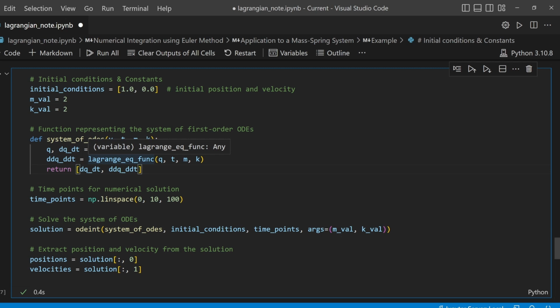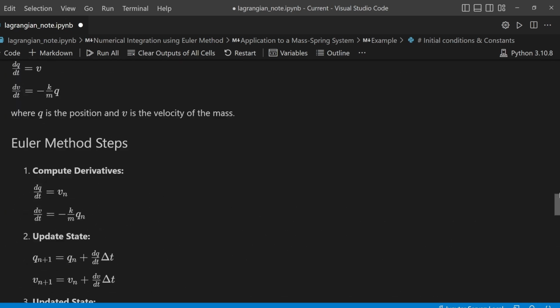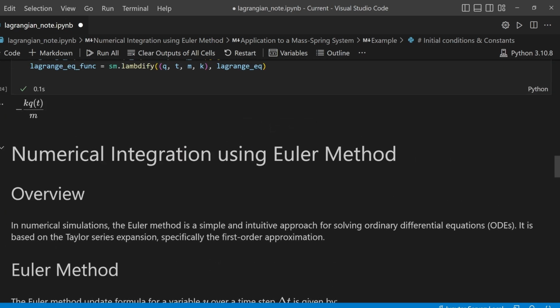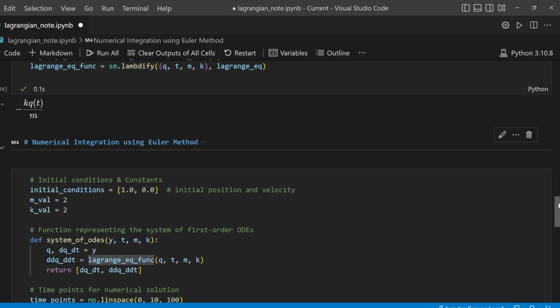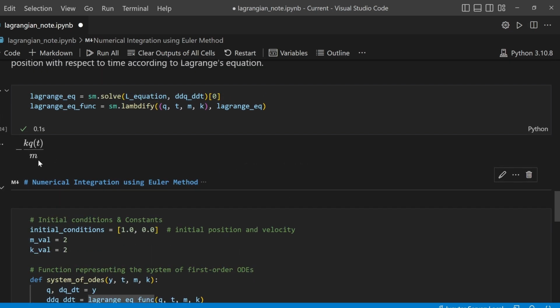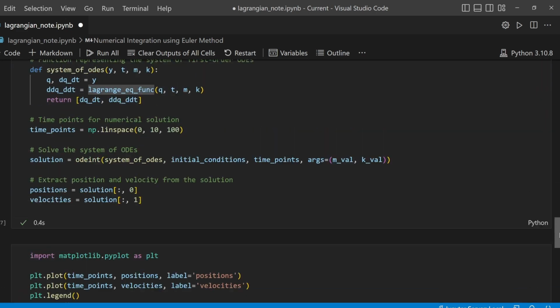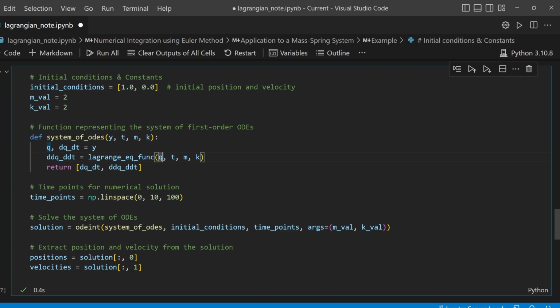We have here our y vector, which contains our position and our velocity. To compute the acceleration, we use the Lagrange equation function. So this one right here, let me go back. So let me actually hide this. We compute this one using q, m, k, and t.